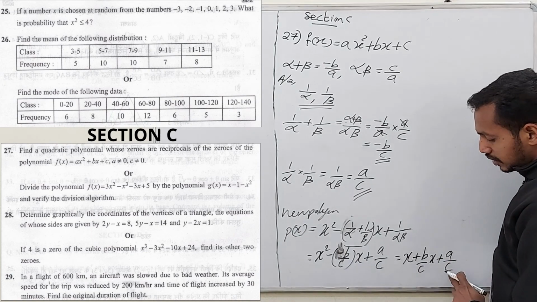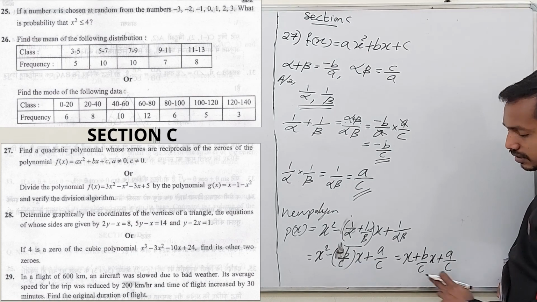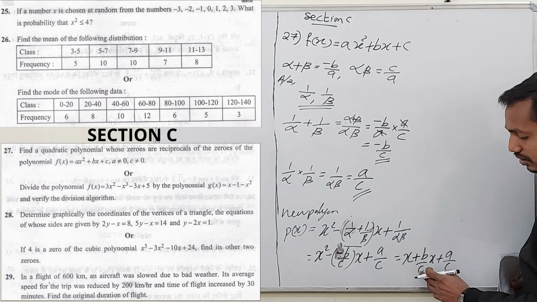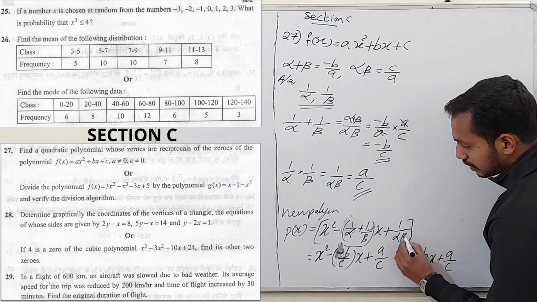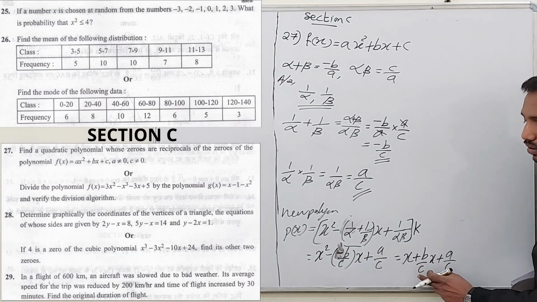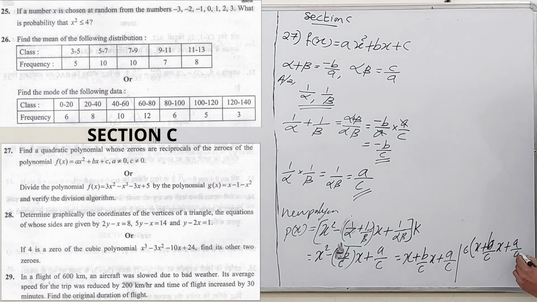Now here the denominator consists of c, so we can multiply with c so that this c will be cancelled. That means the general equation will have k here. So put k equal to c, we will get c into x square plus b by c x plus a by c.